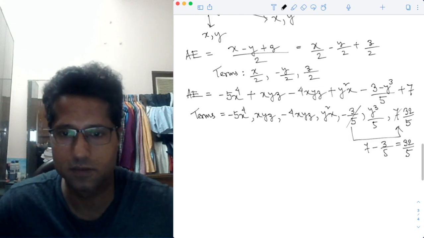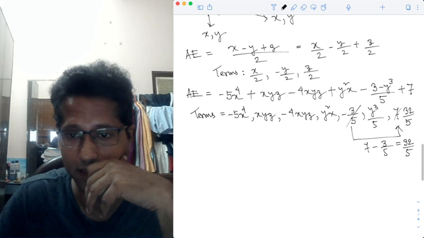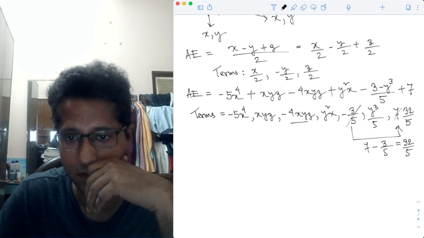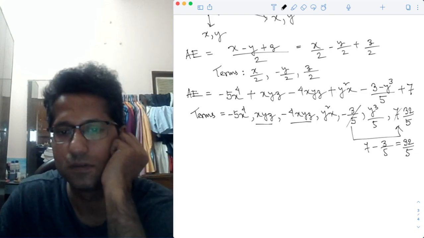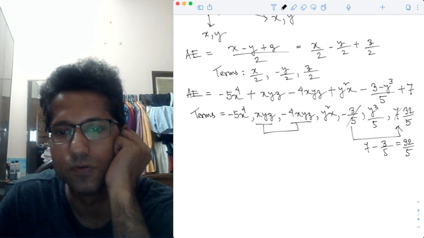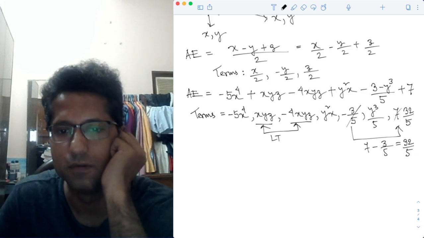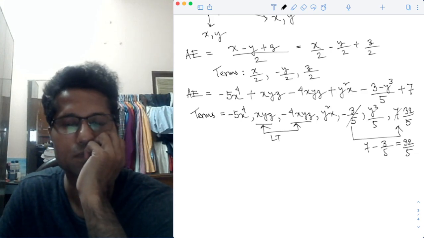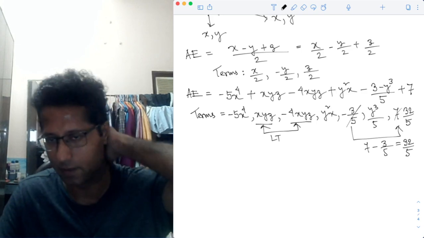Now, in this algebraic expression, we have these terms. The like terms are these two, x y z and minus 4 x y z. There are no other like terms.